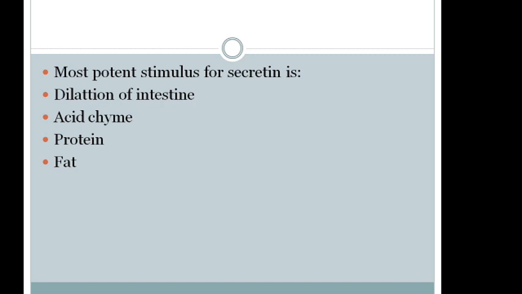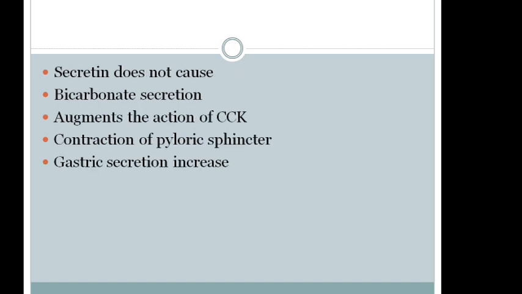When the acidic chyme enters the duodenum, the enteroendocrine cells present in the small intestine secrete secretin. What is the role of secretin? Secretin stimulates the liver for secretion of bile. Secretin does not cause. Bhavik, Gautam, D. Yes, the answer of this question is D, gastric secretion. Secretin and cholecystokinin decrease the gastric secretion.